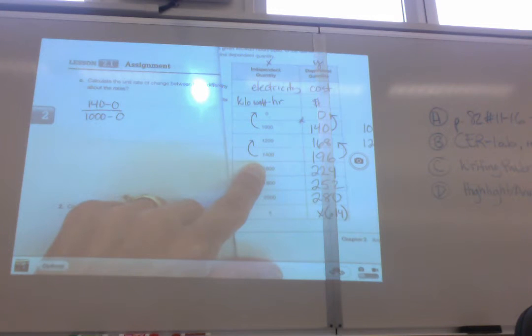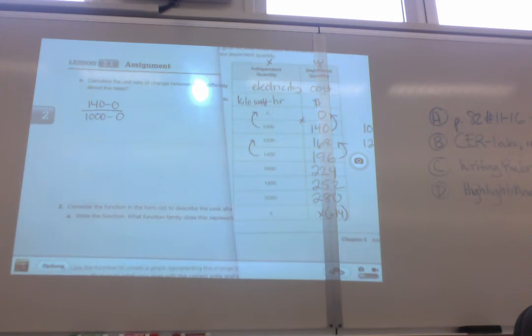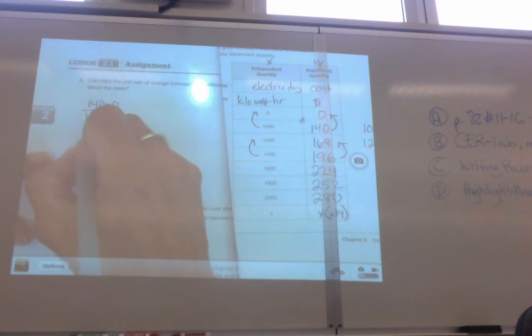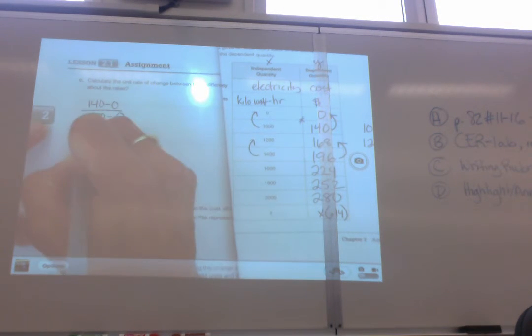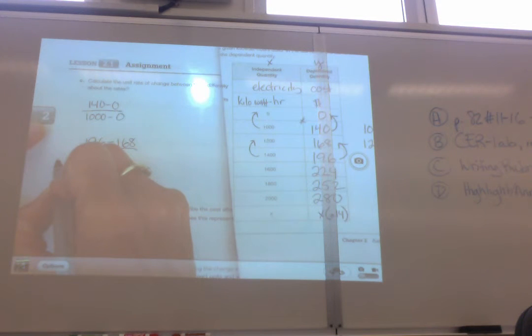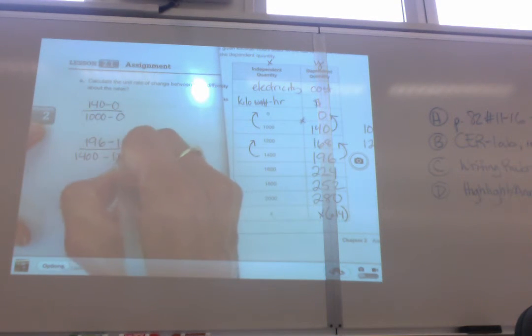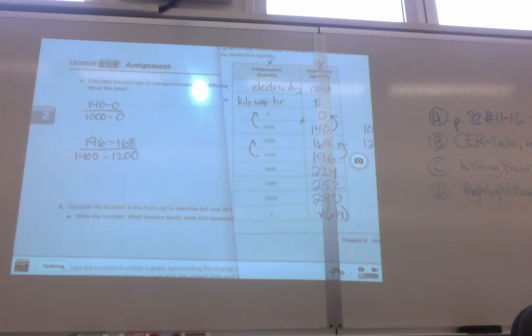For the rate of change, we're not just looking at one variable. We're looking at how both of them change together because they're both changing at the same time. 196 minus 168 over 1400 minus 1200. Again, you've been working these tables as a way to look at rate of change.